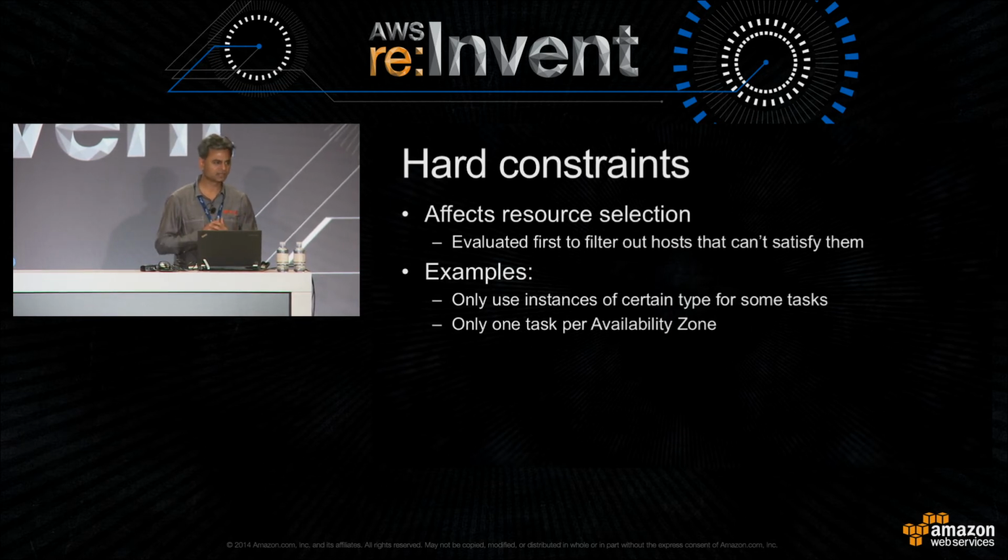That's a hard constraint. If you put that, the task will only run on those types of instances. Or you may have a job that says, there are 3 availability zones, I have 3 tasks, and I would like to make sure each task runs on only 1 availability zone. That's a hard constraint, and it has to be met before the job can be assigned resources.